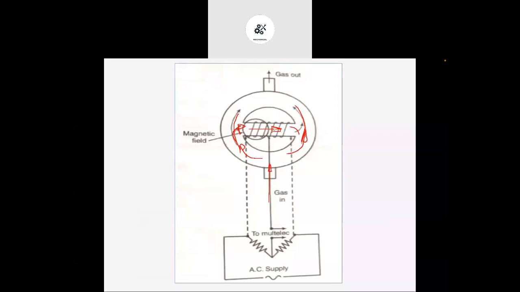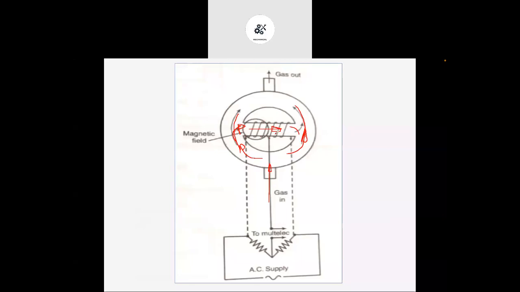Okay, and as this oxygen takes the heat from this winding, its temperature will increase. As its temperature increases, its properties are going to change. Okay, so that particular oxygen will become diamagnetic.